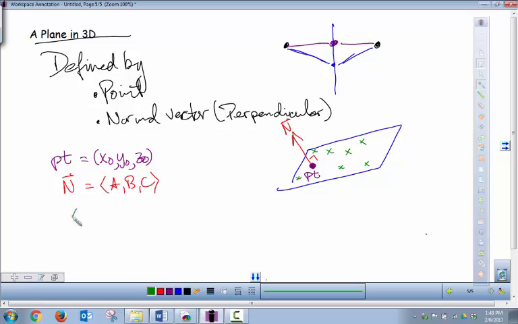Let's just call them x, y, z. Points and vectors are the same thing anyway, so any random point that I choose on the plane would be considered x, y, z. It's arbitrary.